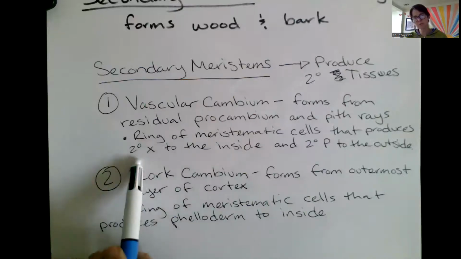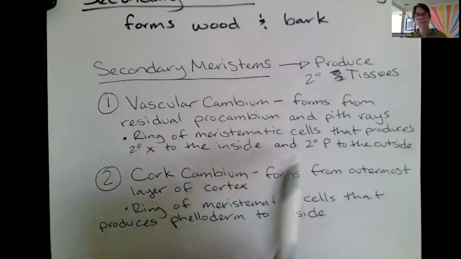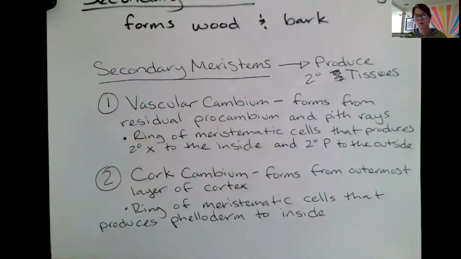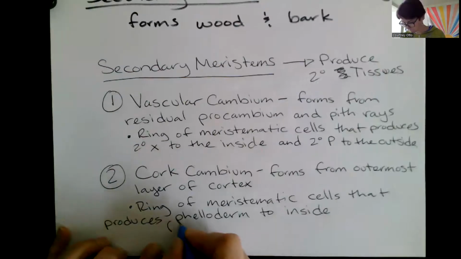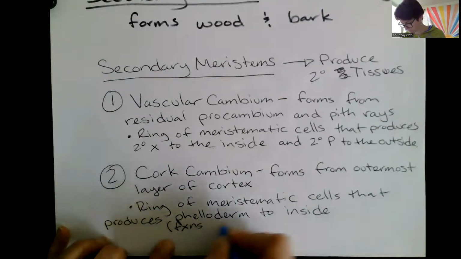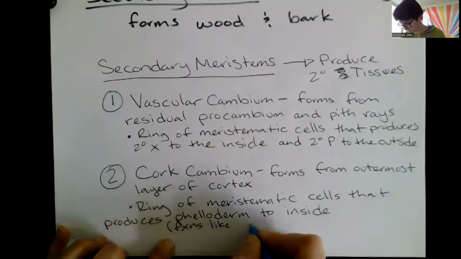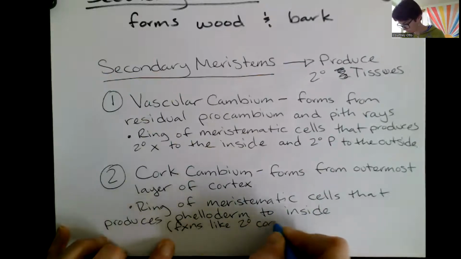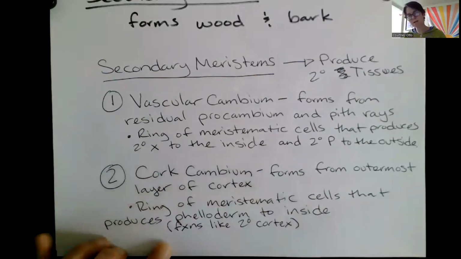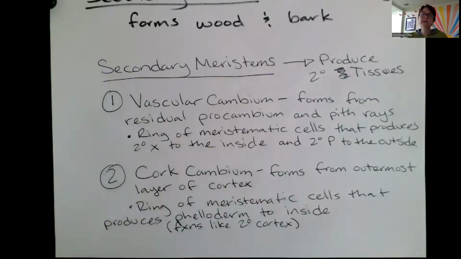Right? Secondary xylem transporting water, secondary phloem transporting sugars. Well, phelloderm isn't something that we've seen before. How it's going to function is it's going to function kind of like a secondary cortex. And a lot of what the cortex does in the stem is it serves as storage. That's how the phelloderm is going to function in a stem that's going through secondary growth or widening.